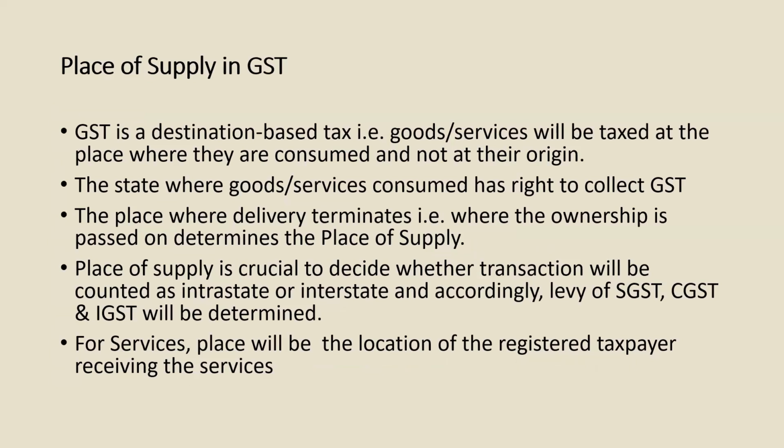So the place of supply is the consuming state, the state where it gets consumed or the final stage of destination is the place of supply and applicability of GST. The place where the goods are consumed, that state will have the right to collect the GST.